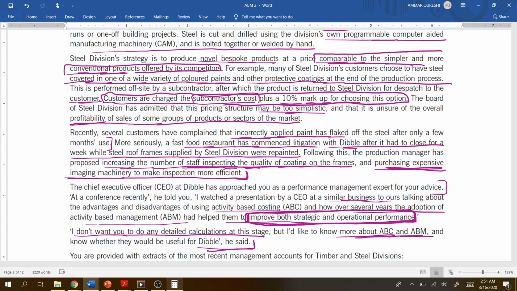So the company takes the cost of the subcontractor and adds 10% markup, charging the customer 110% of the cost. That means if the subcontractor cost is 50, the company will charge $5 of profit, and will charge $55 from that customer. This is basically what the company is doing.